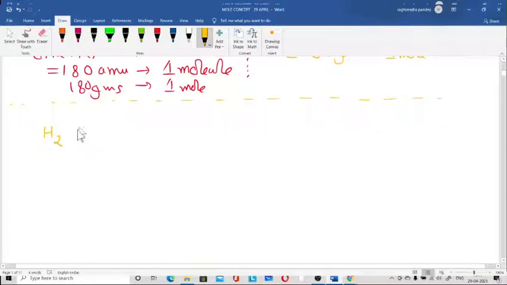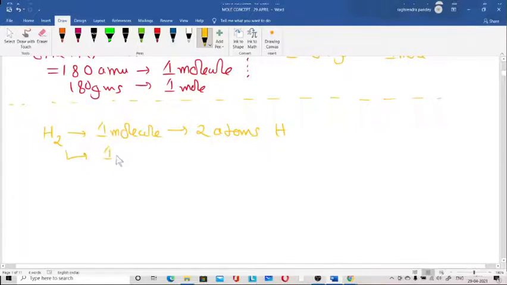Hydrogen H2, if we take one molecule, it contains two atoms of hydrogen, two H atoms. One molecule contains two hydrogen atoms.